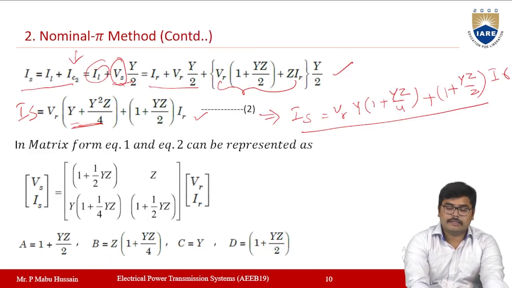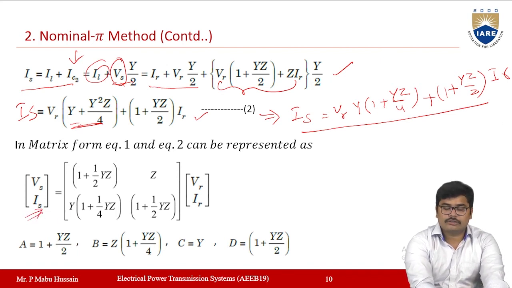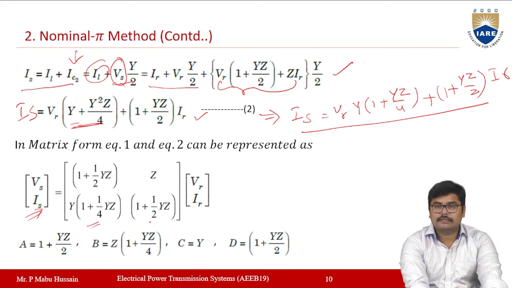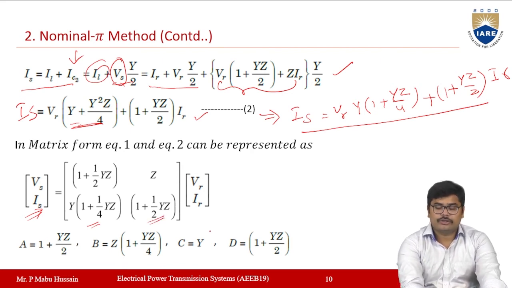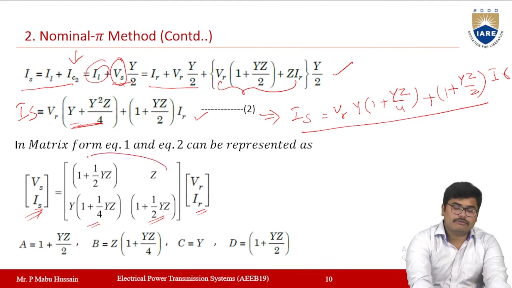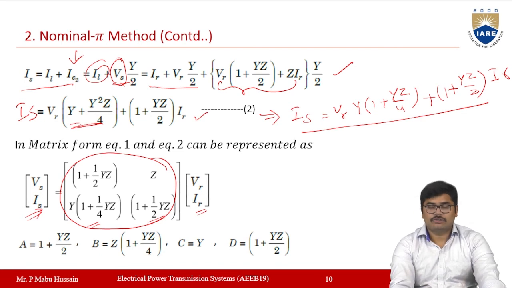Right, now Vs and Is can be represented in a matrix form. Once you represent them in a matrix form, you can write them as [Vs Is] is equal to [1 plus Yz by 2, Z; Y into 1 plus Yz by 4, 1 plus Yz by 2] into the [VR IR] vector. Now the elements of this matrix are called the ABCD constants.